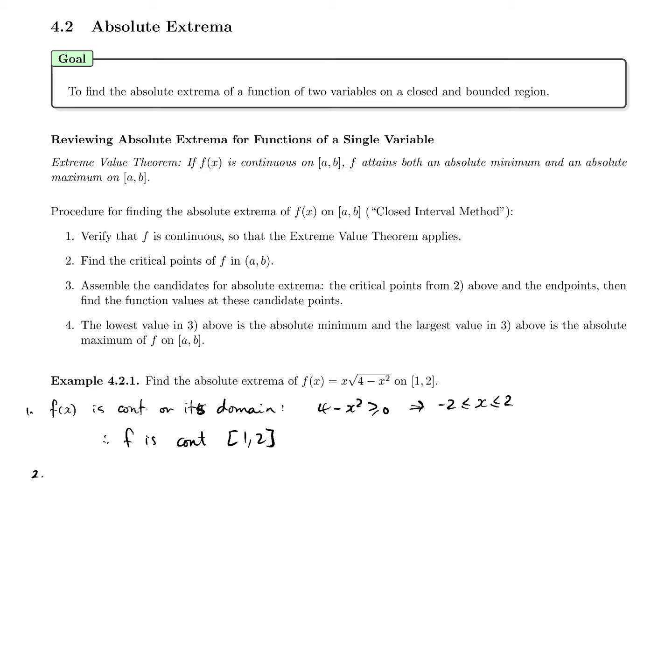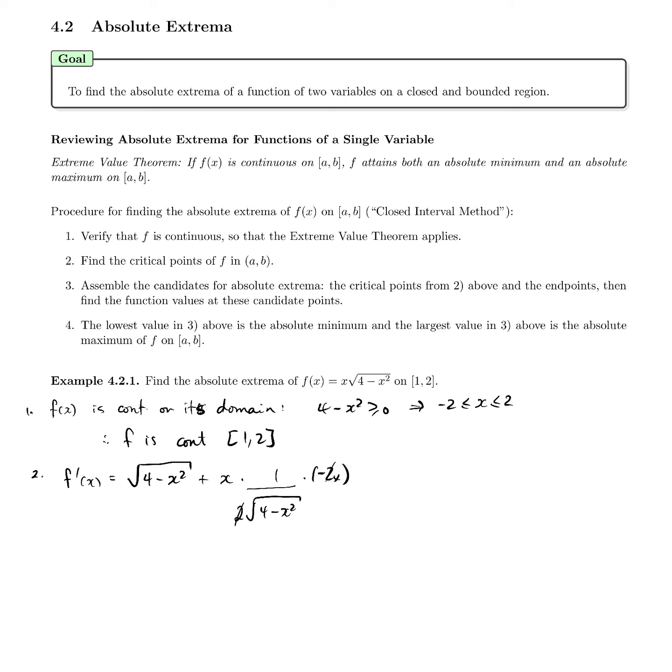Step 2, let us find the critical points, which means we need to find places where f prime of x equals 0 and where f prime does not exist. So if we calculate the derivative, we're getting the root of 4 minus x squared using the product rule, plus x times 1 over 2 times the root of 4 minus x squared, times chain rule, minus 2x.